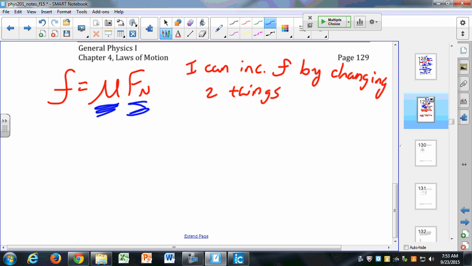So back to this table, if I want to move this table, I can make it easier to move by putting those little foot pads on the bottom, right, that make it slide across the floor. That changes the coefficient of friction. I can make it more difficult to move by getting one or more of you to sit on top of the desk. And if I have more weight on the desk, that increases the normal force, and that makes it more difficult to move.